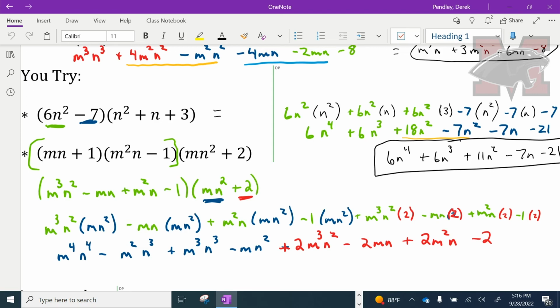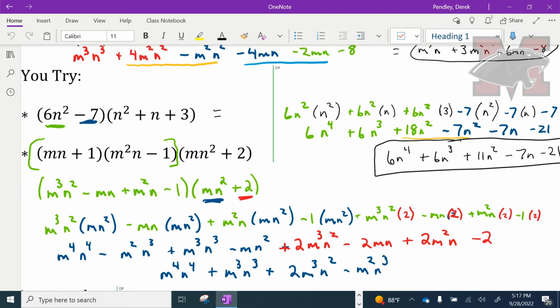So if you're going to write this in standard form, you're going to go m to the fourth, n to the fourth. Then you usually start with your m's. So you're going to go plus m cubed n cubed plus 2m cubed n squared minus m squared n cubed.